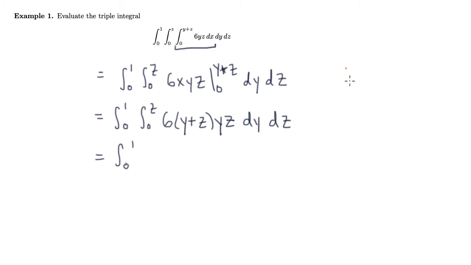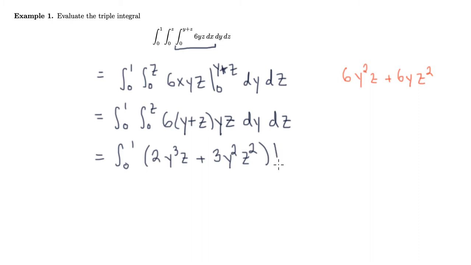This inner function is 6y squared z plus 6yz squared. And we're first taking an antiderivative with respect to y. So the antiderivative here is going to be 2y cubed z, plus 3y squared z squared, evaluated from 0 to z.